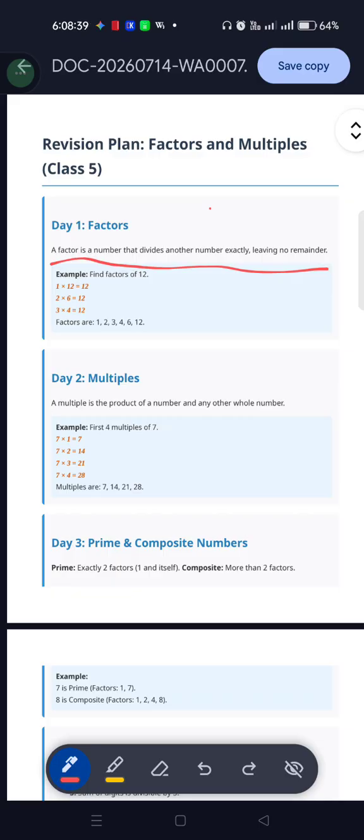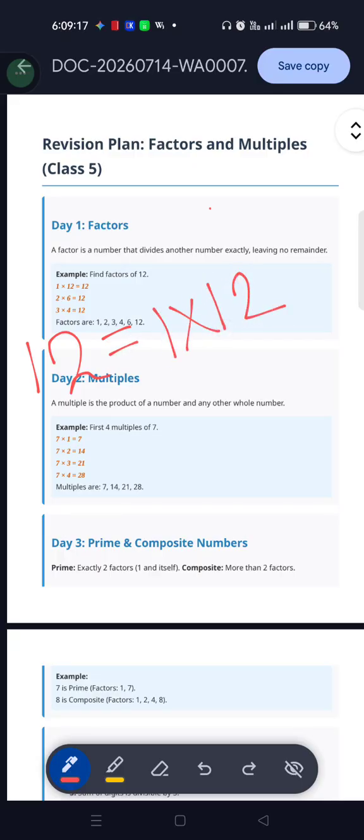So first of all, now we will find out the factors of 12. So what are the factors of 12? Those numbers which can divide 12 exactly, completely, leaving no remainder, those will be the factors of 12. So how will you write 12? You can write 12 as 1 into 12.